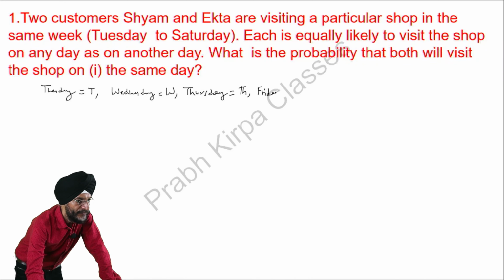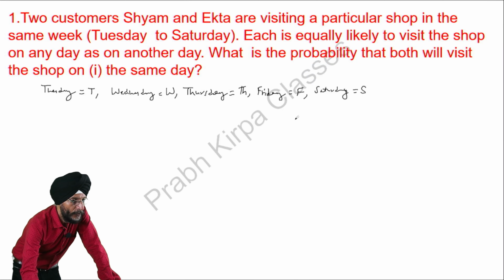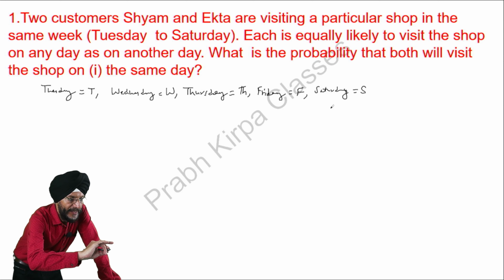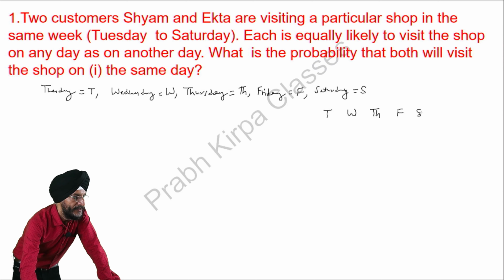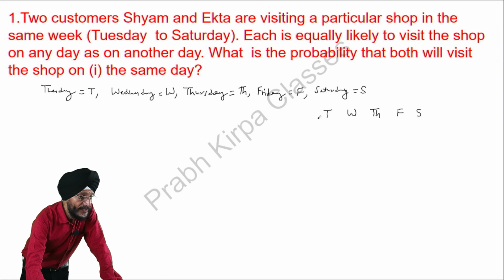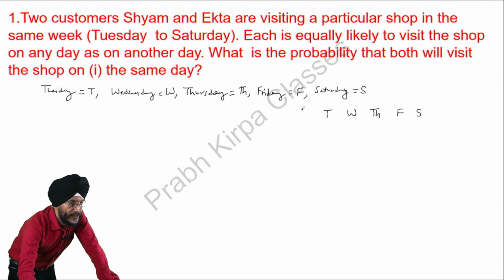For Friday, we can write it as F. For Saturday, we can use the abbreviation S. So both the customers can visit the shop on any day between Tuesday to Saturday. So here we will write Tuesday, Wednesday, Thursday, Friday, and Saturday. So these are the 5 days.